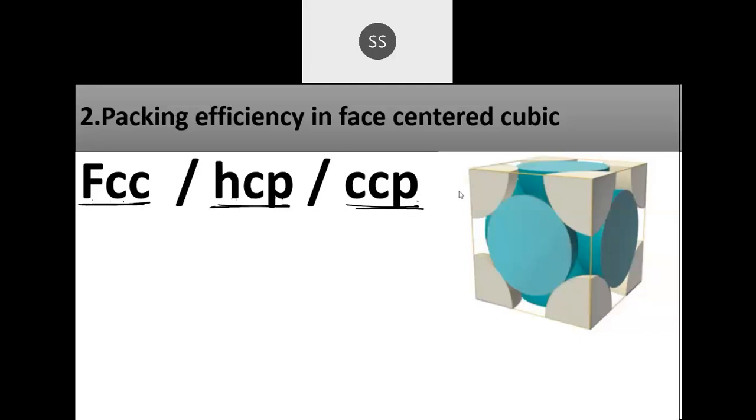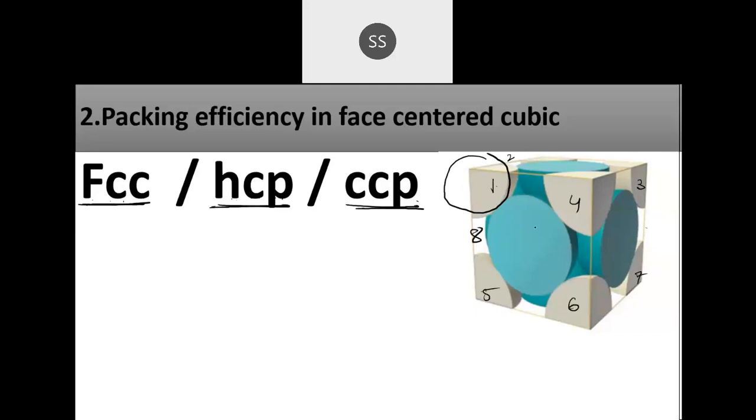Now see how the face-centered unit cell is arranged. If you remember, the face-centered unit cell has 8 atoms at the corners. See here, these white ones are the corner atoms: one here, then behind it a second, then third, fourth, fifth, sixth, seventh, and one more behind this, which is the 8th one.